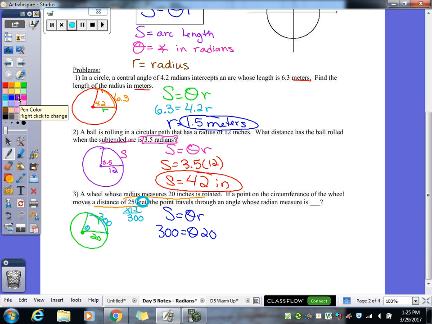I had to convert my 25 feet into inches. So what do we get for our theta? 15. Really being kind of mean to that calculator right now.